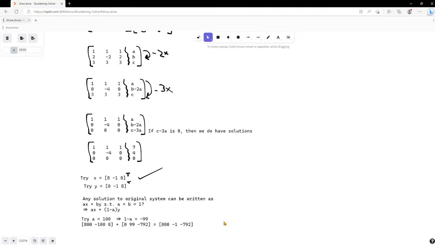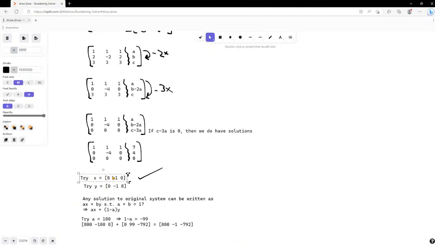So what's the pattern here? What's the method here? How could I come up with these without just thinking in my head, oh, I think that would work?